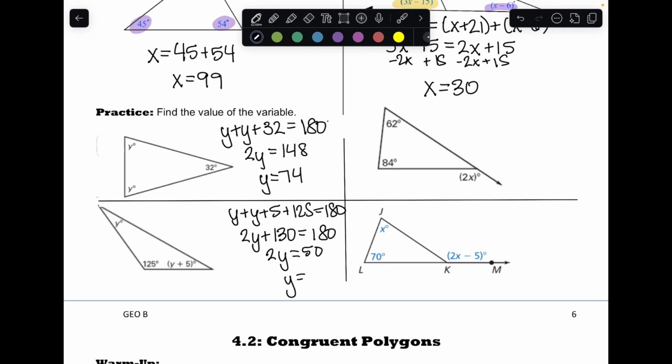And then divide by 2. I get 25. So these were both the triangle sum theorem, where all the angles add to 180 degrees.